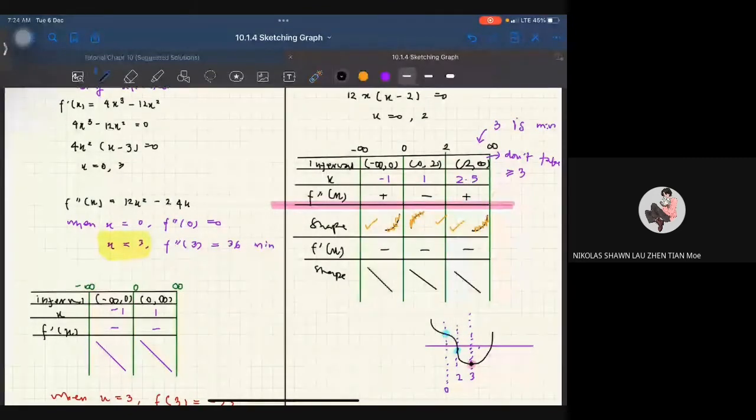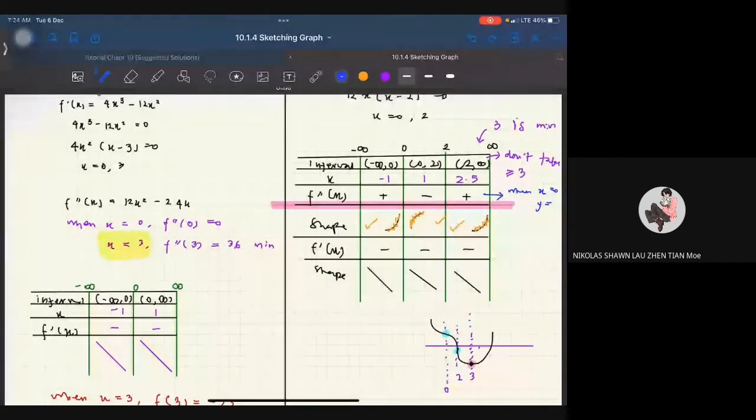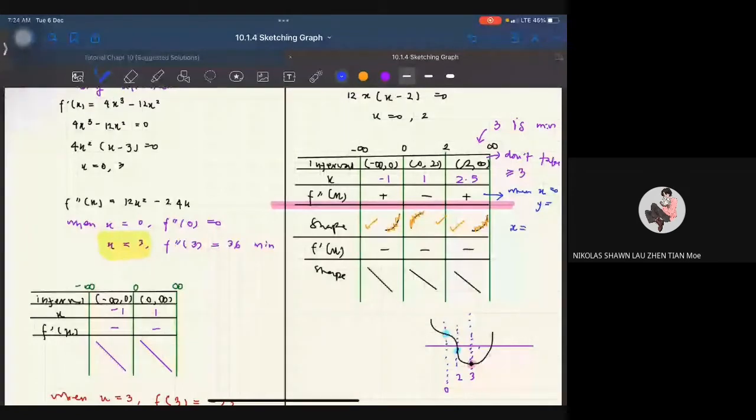Okay, so I add on the right side of it, this one over here. So when x is equal to 0, what do you get for y? Okay, and then when x is equal to 2, what do you get for y? Okay, so when x equals 0, you should get y equals 4.